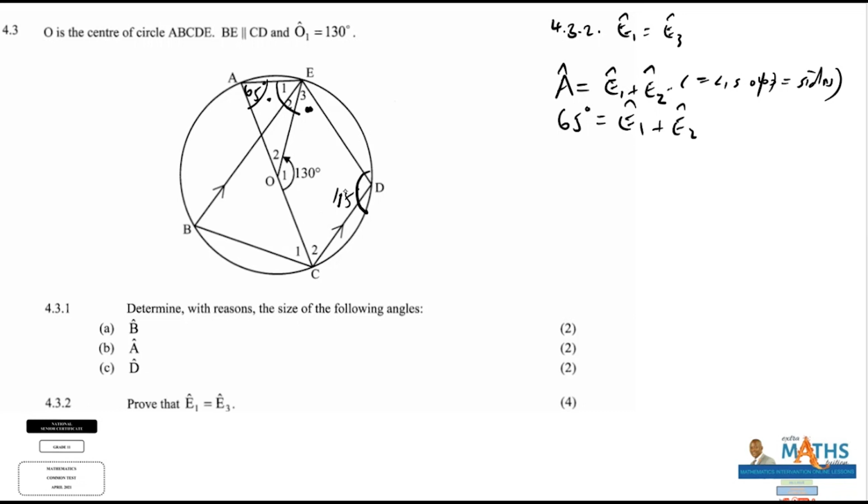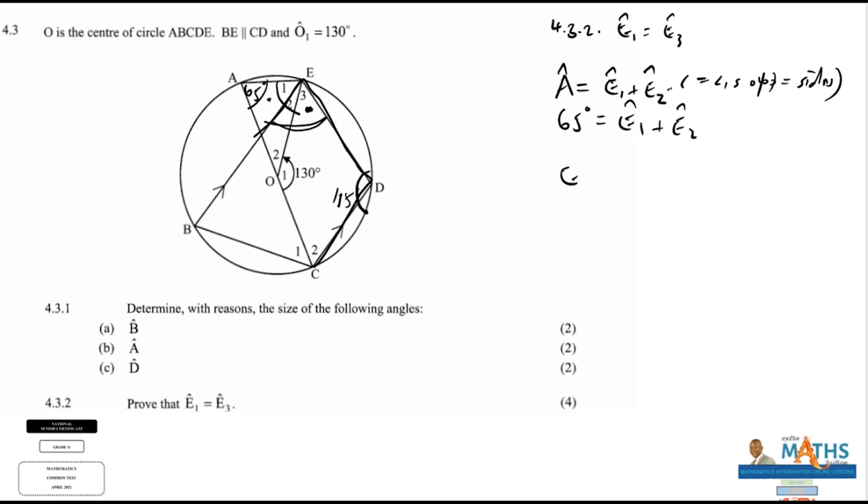Now, let us look at the relationship with angle E3. We haven't done anything pertaining to these parallel lines, guys. It means this 115 degrees plus this angle has to give me 180.